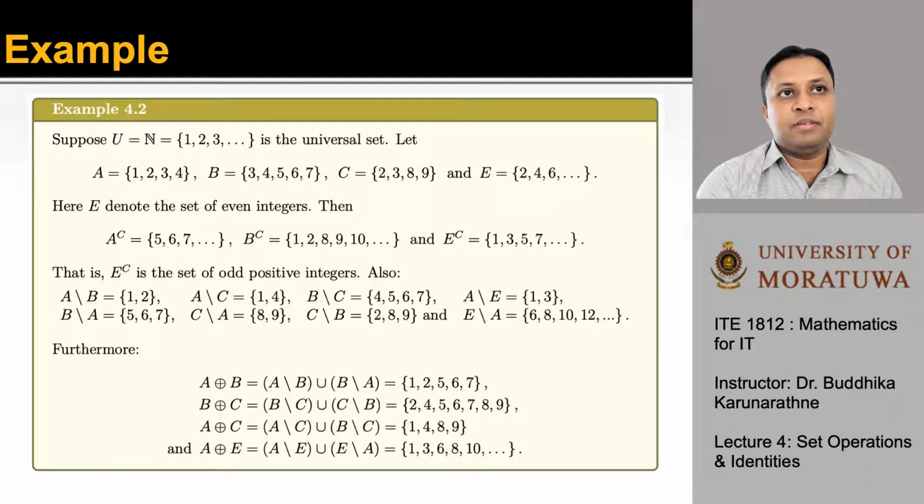What is obtained is the numbers 5, 6, 7, and all the natural numbers that are not in A. So that is the complement of A. Similarly, the complement of B is everything other than the elements of B included in the universal set, which is the set of natural numbers.